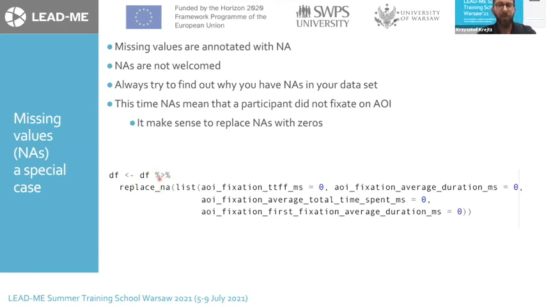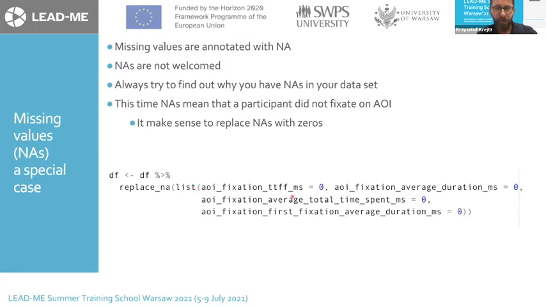Again, you have a pipeline here. I cut the code into small chunks, but actually, if you work with your code, you can build the whole pipeline pretty long at once. Anyway, again, pipeline, replace underline NA is a function I want to use. And then in the brackets, I give a list of variables in which I want to change NA values.